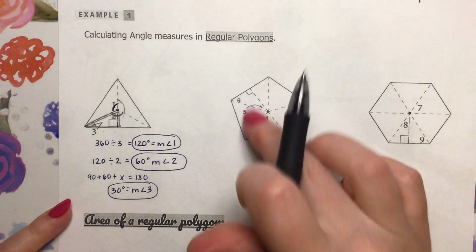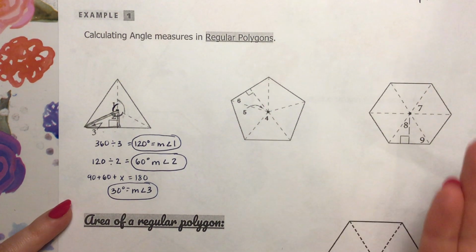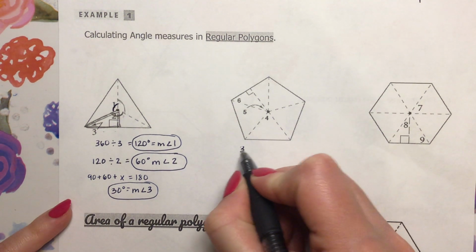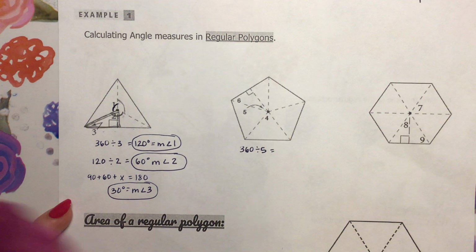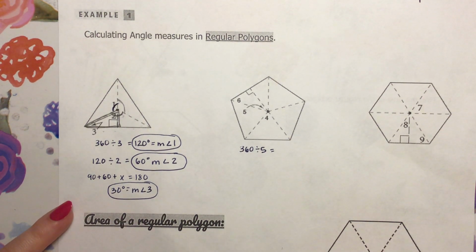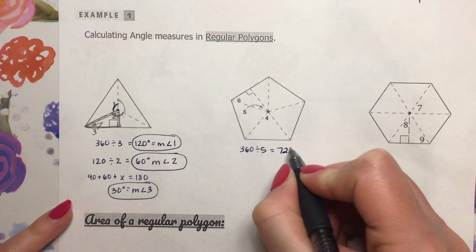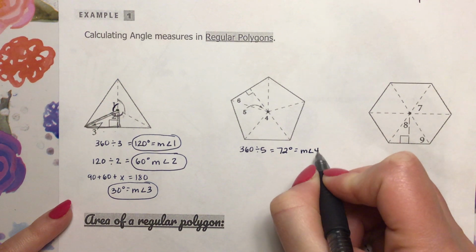If a full circle is 360, a fifth of that would get me angle 4. So I'm going to take 360 divided by 5, and I'll check my work just in case in the calculator. I get 72. So 72 degrees is the measure of angle 4.